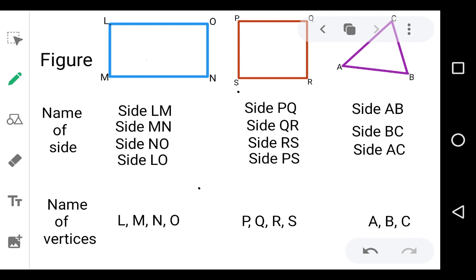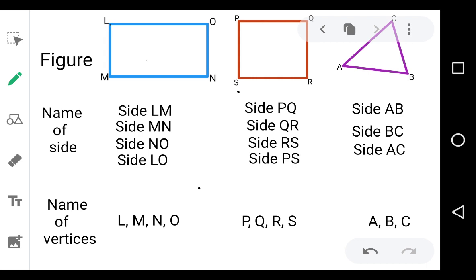Now the names of the sides are side LM, side MN, side NO and side LO. Now in the square, side PQ, side QR, side RS and side PS. In the triangle, side AB, side BC and side AC.